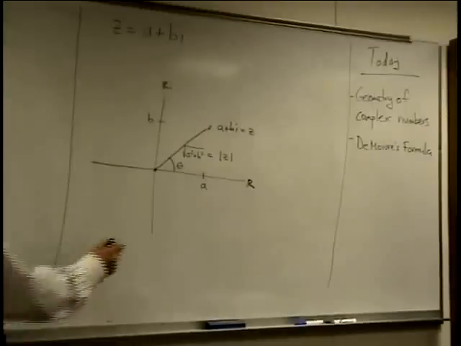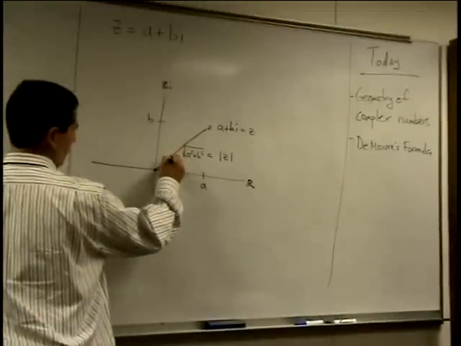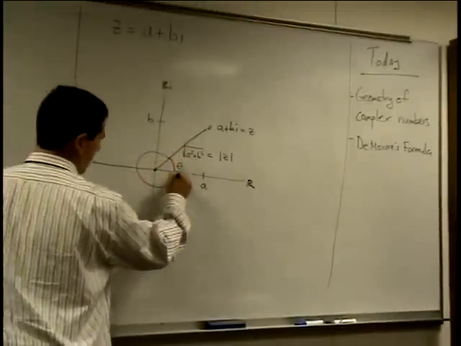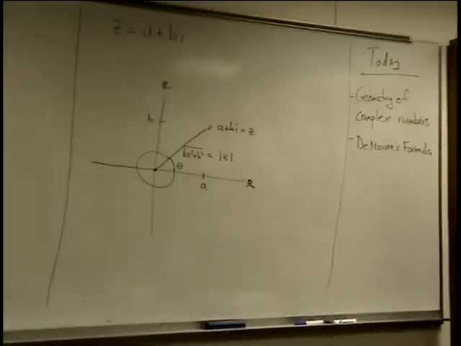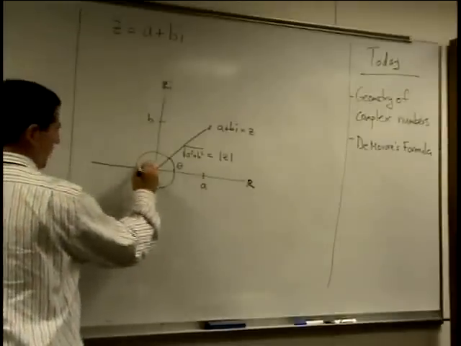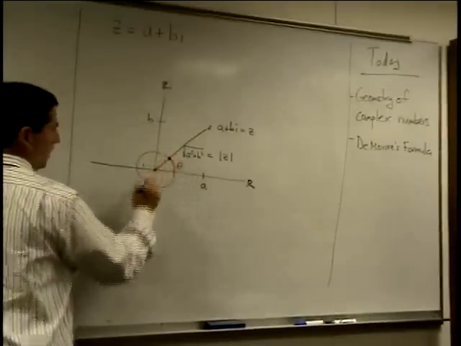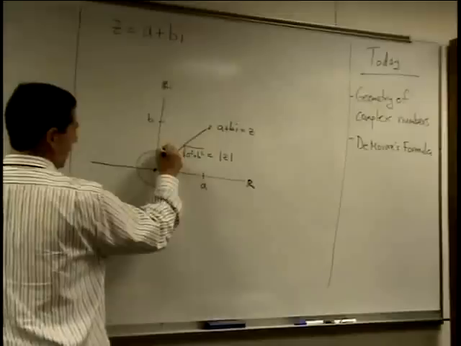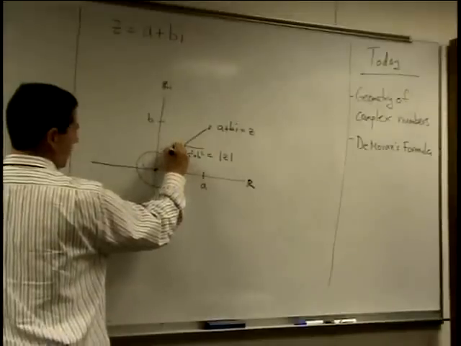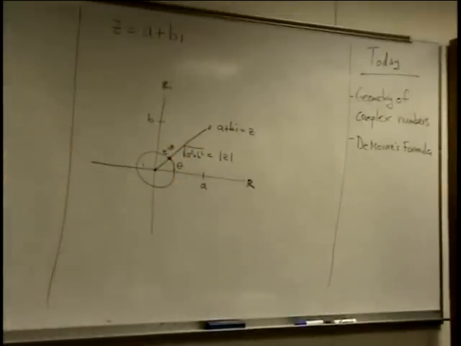And then we notice that if you actually took, say, this over here to be the unit circle, so this is length 1, then this point right there corresponds to the complex number e to the i theta.